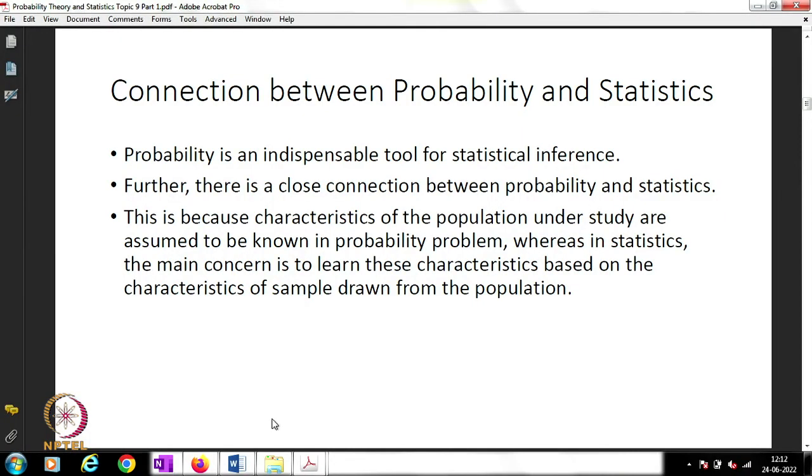Before that, let me brief what is the connection between probability and statistics. Probability and statistics are closely related. In this course, we are going to discuss only the introduction to statistical inference.